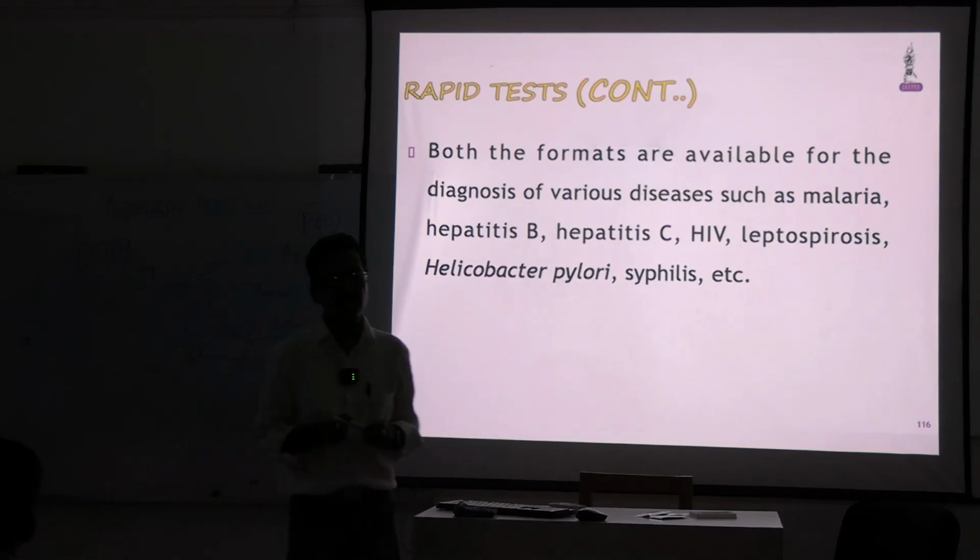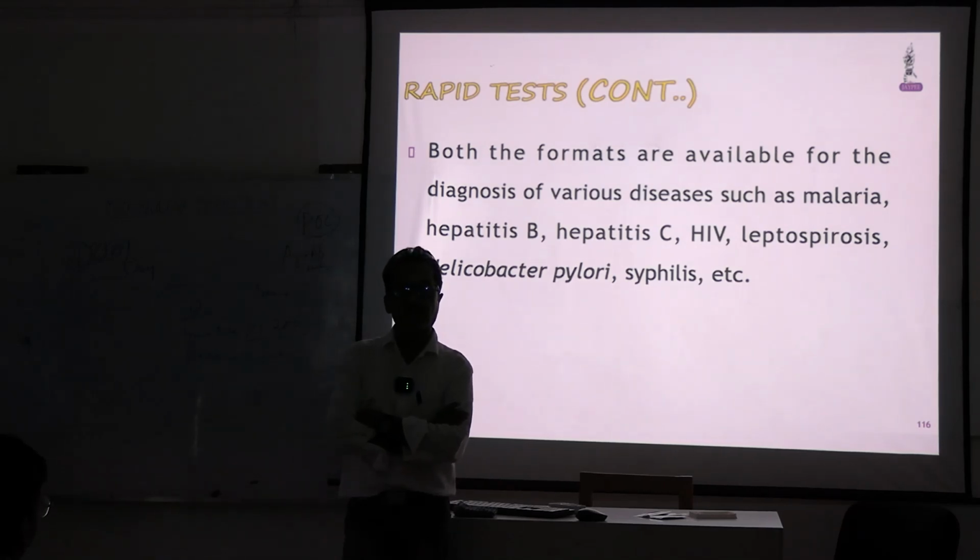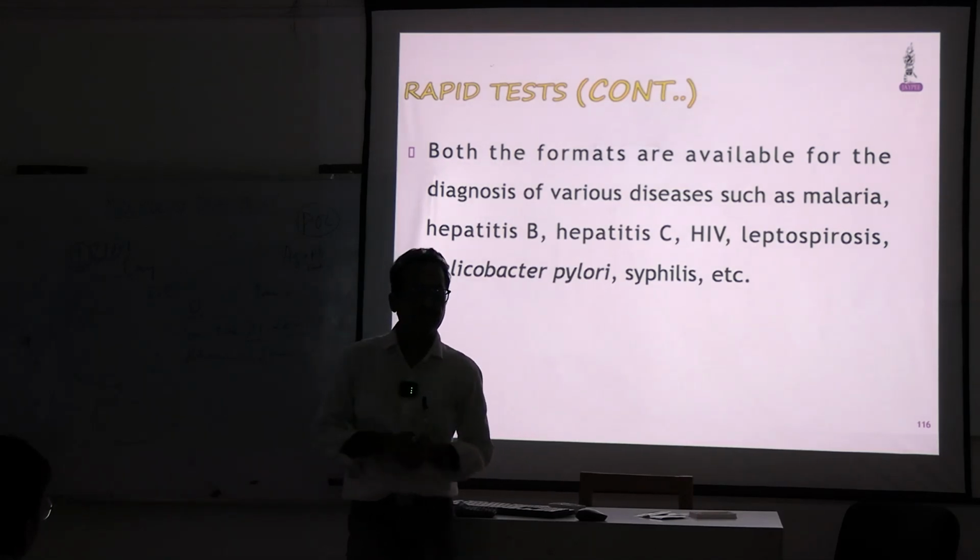What are the tests that can be done by these rapid tests? Malaria. What antigen do we detect in the malaria rapid test? In malaria we have two common species, Vivax and falciparum. Usually the name of the test is malaria parasite dual antigen. What are the two antigens you use?